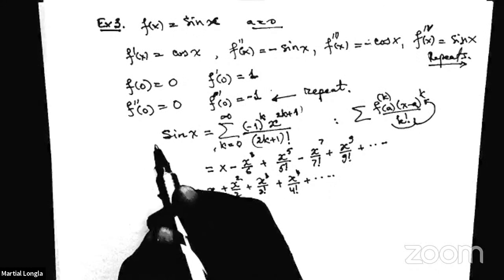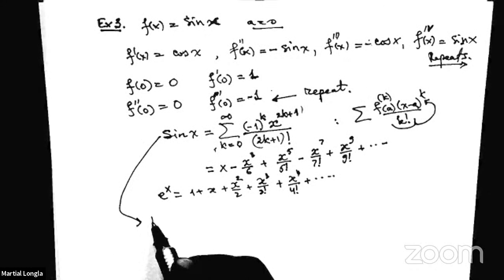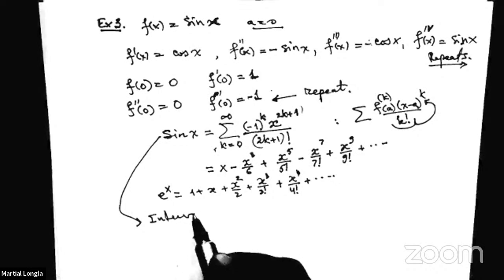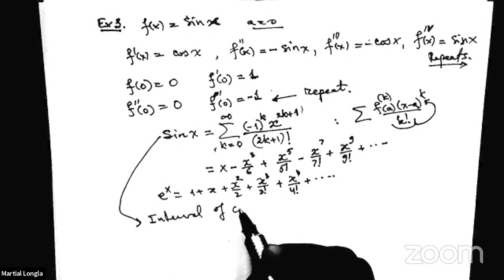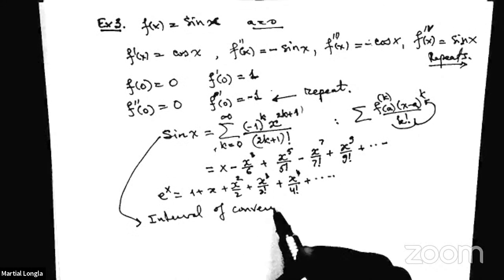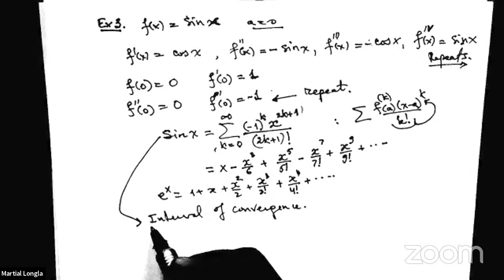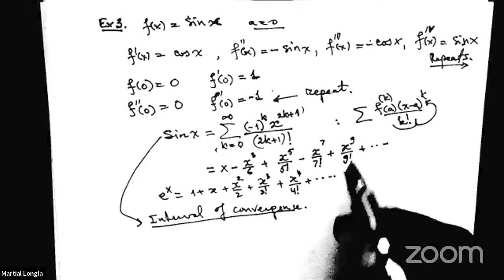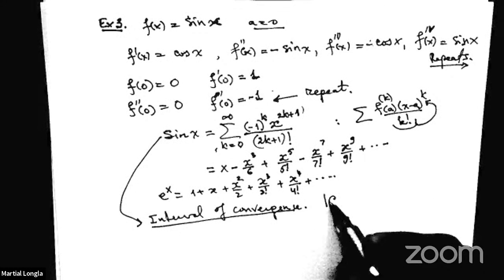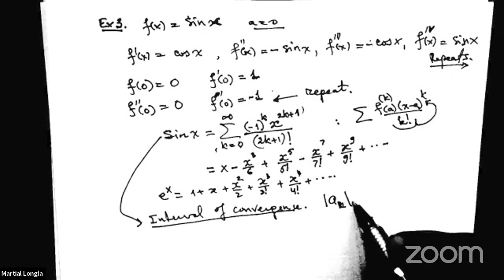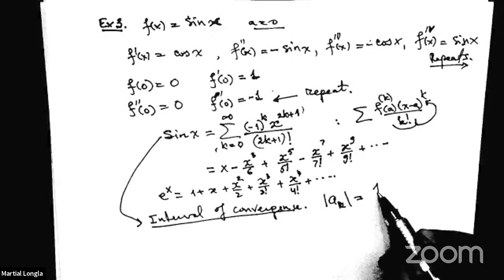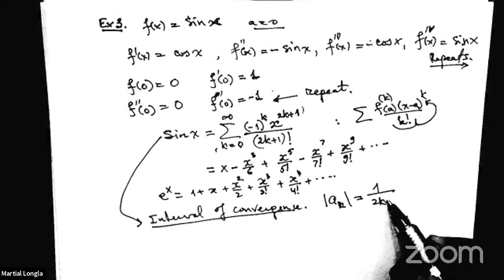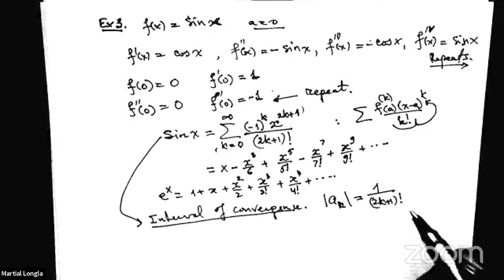Now, what's the interval of convergence of this one? You can say a_k. Let me take the absolute value of a_k in that problem, which is 1 over 2k plus 1 factorial.